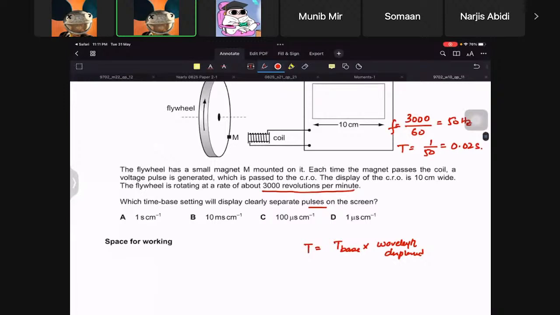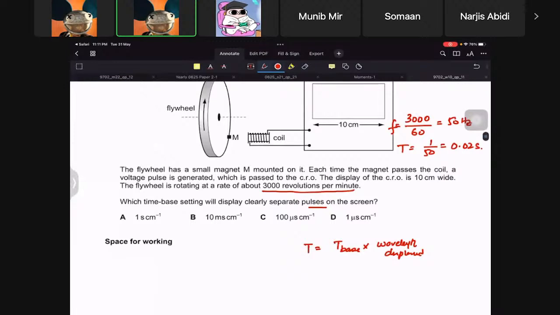So we have 0.02 here, and the total length that we have is 10. Okay, so we're going to leave this. We're going to try setting up these options to check if it is less than 10 centimeter, or if it's too large or too small. We have to check that.